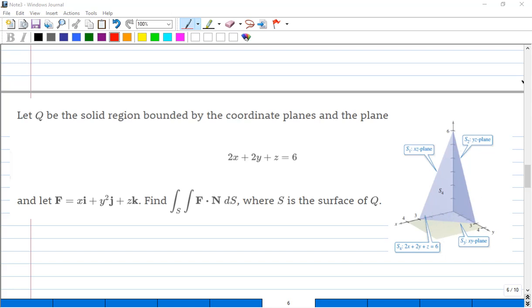But instead of doing that, by using the divergence theorem, remember the definition: the double integral over the surface of f dot n dS is equal to one triple integral. We just need to find the divergence of f, and then we'll bound it. We'll do dx, dy, dz, whatever's the easiest way to bound the thing.